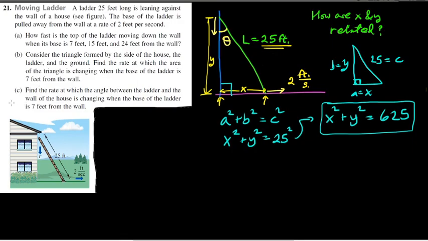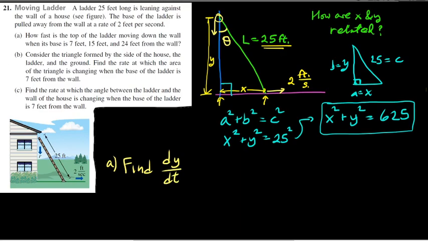That's going to come in part C. So for part A, how fast is the top of the ladder moving? In other words, what's the speed of the point at the top? Speed is the rate of change of distance, so we want to find the rate of change of y.